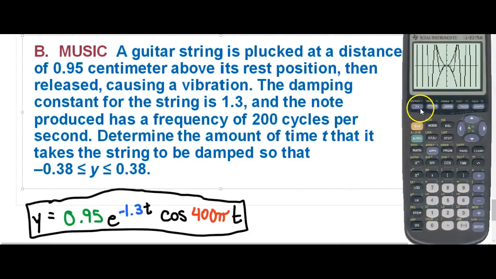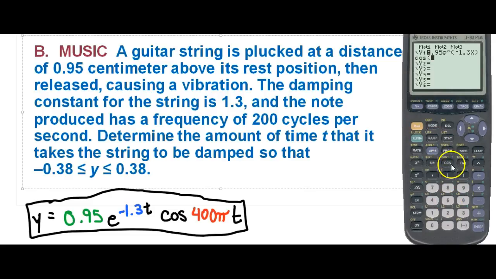So if we have y is equal to 0.95 times e to the negative 1.3, we'll use x power, and then that's times the cosine of 400 pi times x.